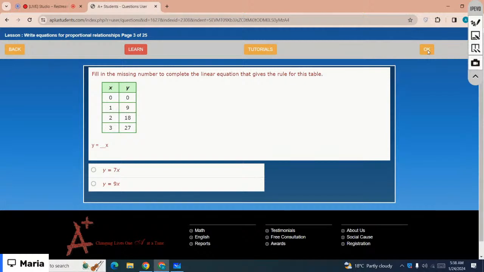Yes, that is y equals 9x. The correct option is y equals 9x.